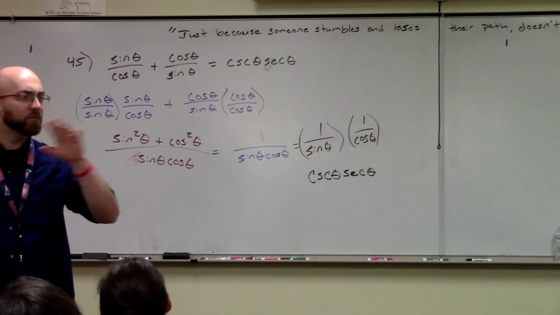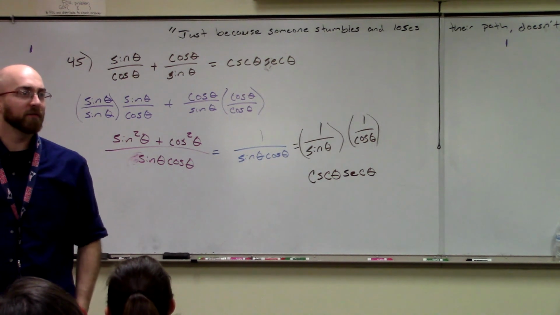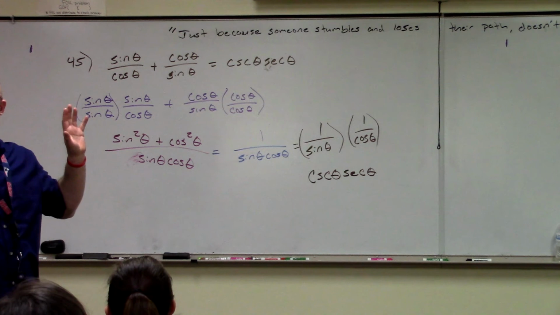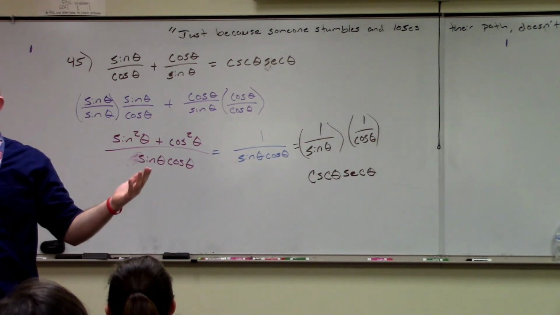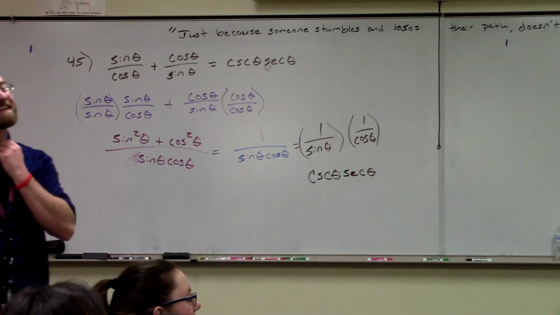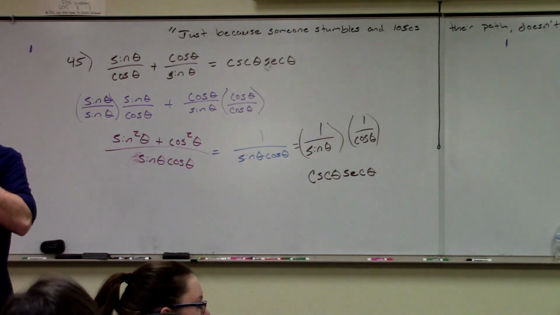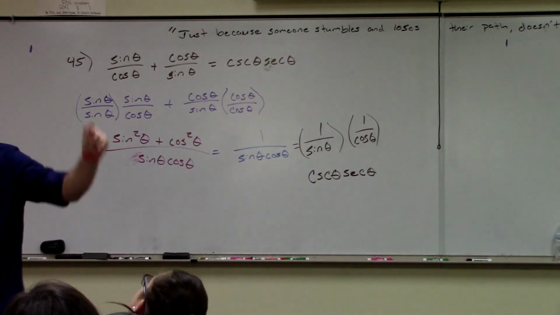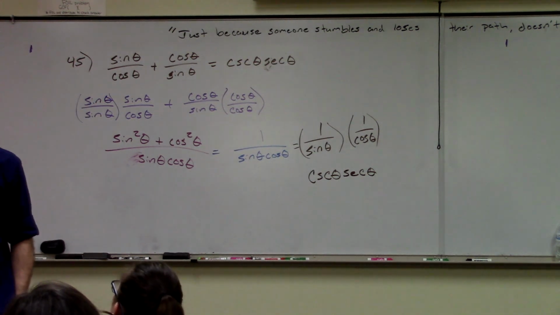If you make stuff up and follow the properties, that's fine. If you just go, well, I got this over here, and magically I end up with a tangent when there's nowhere a sine or cosine, I'm like, that's wrong. I know some of you like to do stuff in your head. Carlos, you're out of luck.